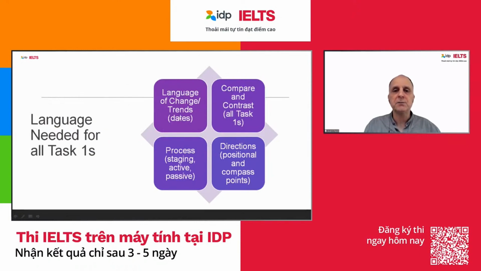Obviously, language of change with dates and trends, compare and contrast with all tasks, process, staging, active and passive. We'll go through that a little bit later, and directional language. So compass points and positioning, which can also help you for listening part 2.